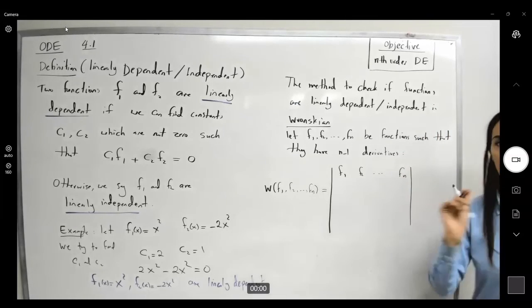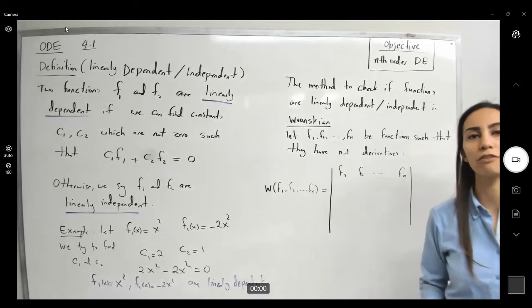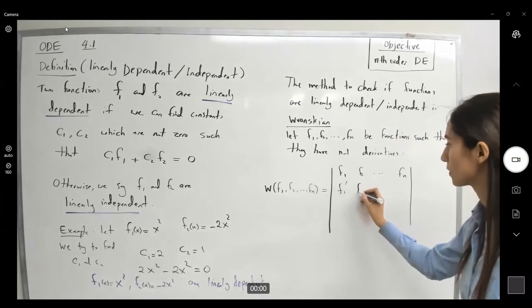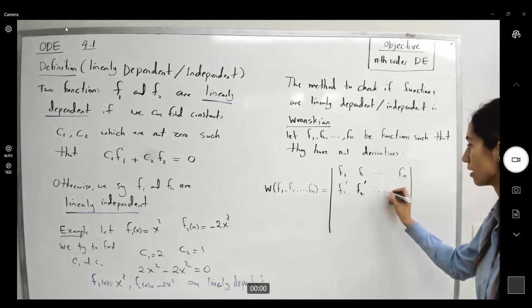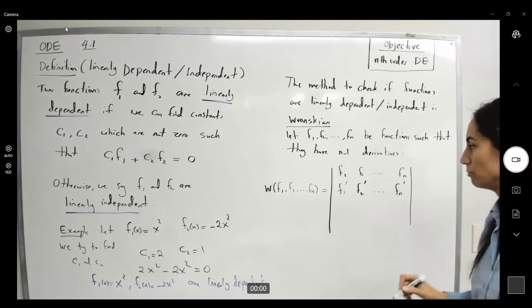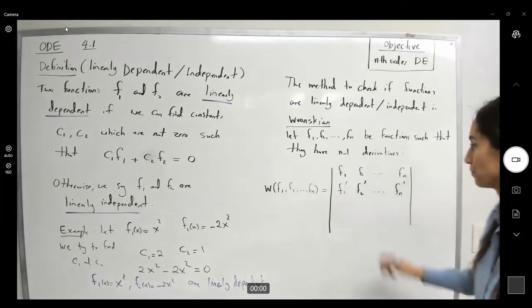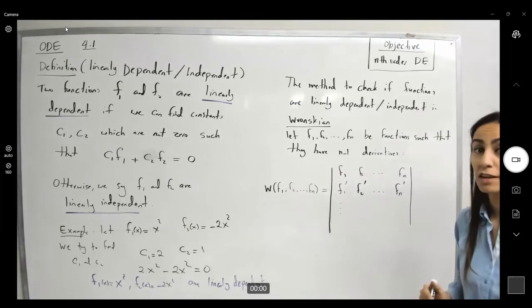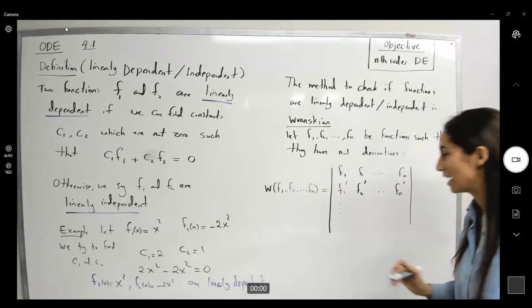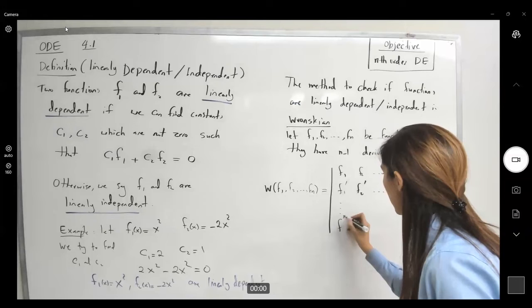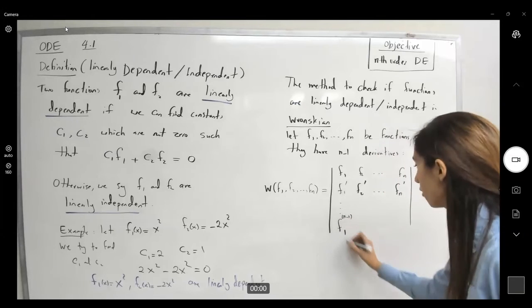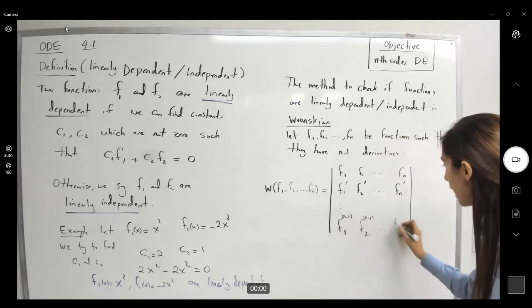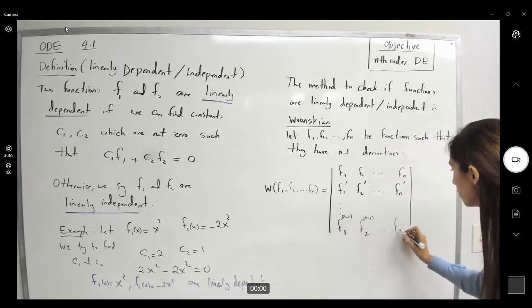On the second row, you're going to find the first derivatives of these functions: f1 prime, f2 prime, dot, dot, dot, fn prime, and you keep going. The second derivative, the third derivative, the fourth derivative, and you stop at the n minus 1 derivative of f1, the n minus 1 derivative of f2, and the n minus 1 derivative of fn.